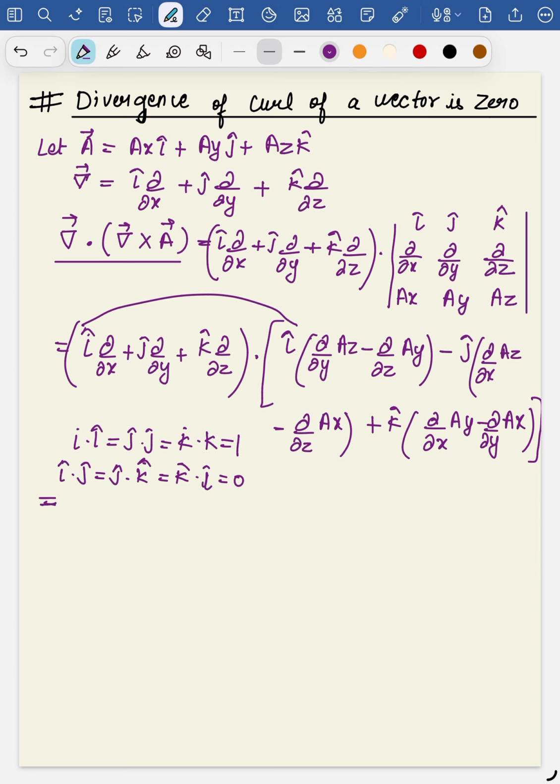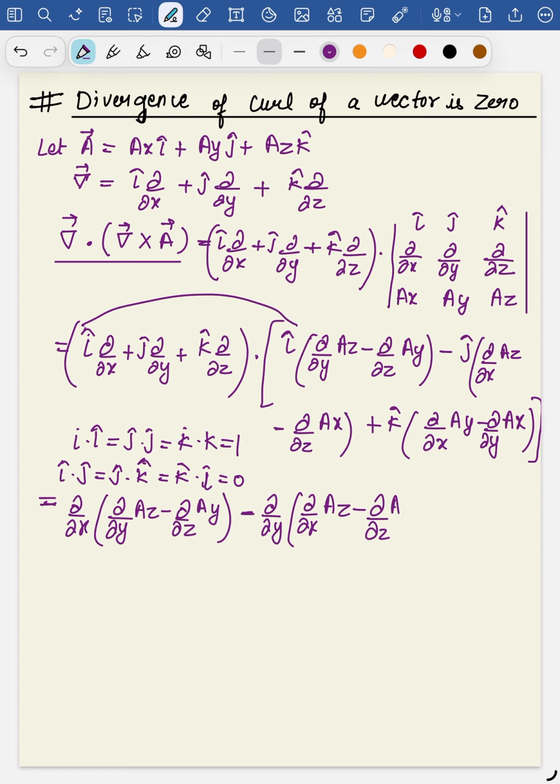So we will get del by del x (del by del y Az minus del by del z Ay) minus del by del y (del by del x Az minus del by del z Ax) plus del by del z (del by del x Ay minus del by del y Ax).